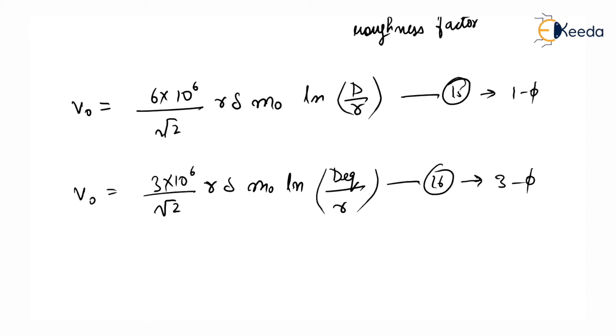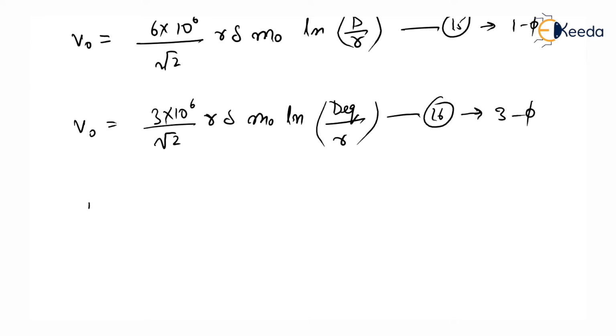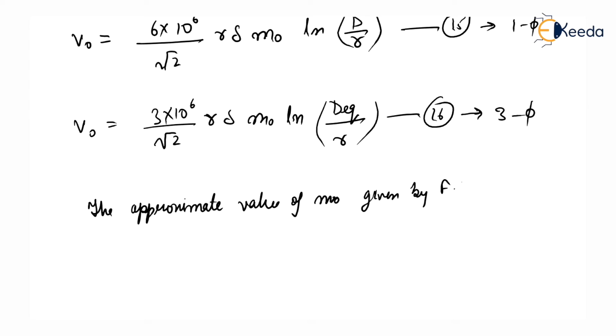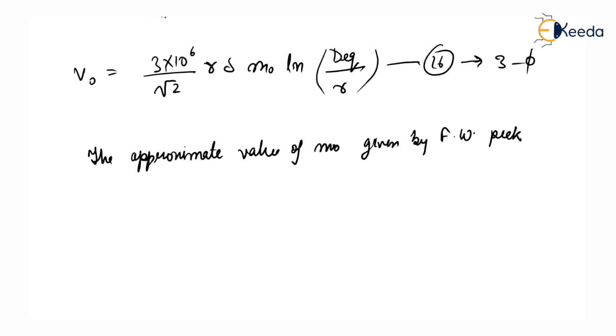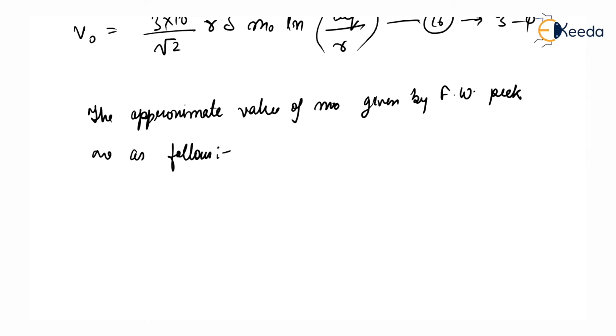Now the approximate values of m naught given by FW Peak are, see, these are the values which are made after several tests.